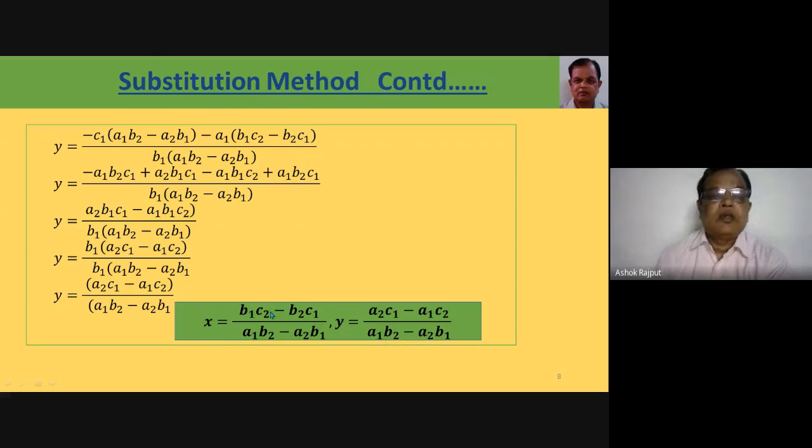It is the substitution method we have explained here. It is not explained in the book, so you will solve other sums this way. Here we have taken the constant values a1, b1 and c1, but they may be different also.